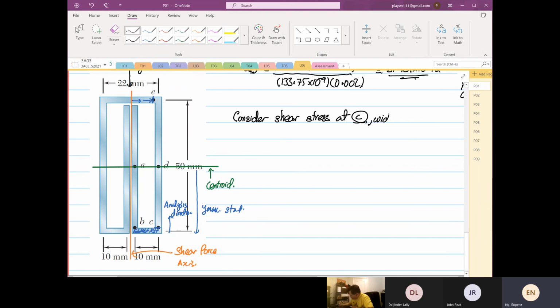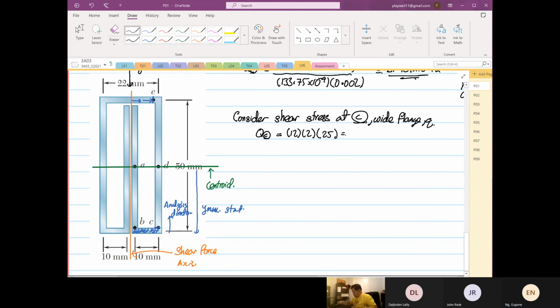There's only a single Q, because the left and the right of the shear force axis are not actually connected once below the centroid. So for the Q at point C, the width will be 12, the thickness will be 2, and the height or the Y bar will be 25.